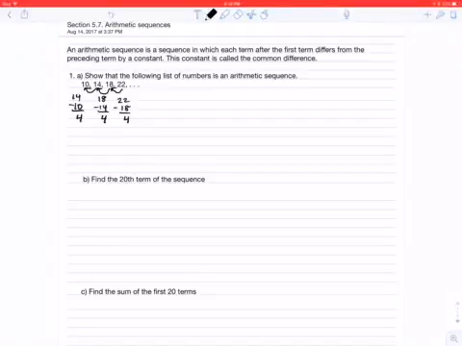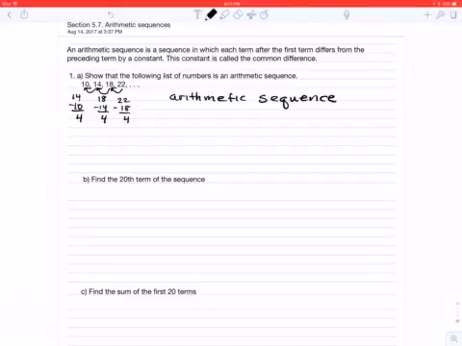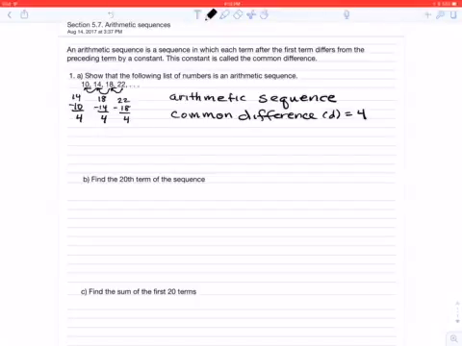So it does satisfy the conditions for an arithmetic sequence. The common difference, abbreviated by the letter d, is 4, since the difference between each term and its preceding term is 4.